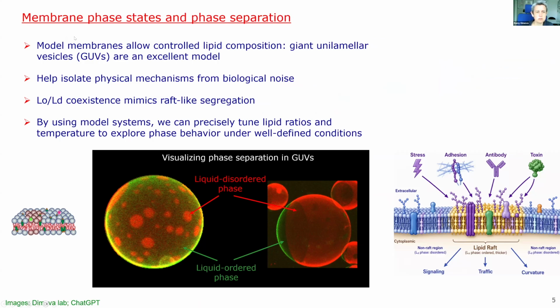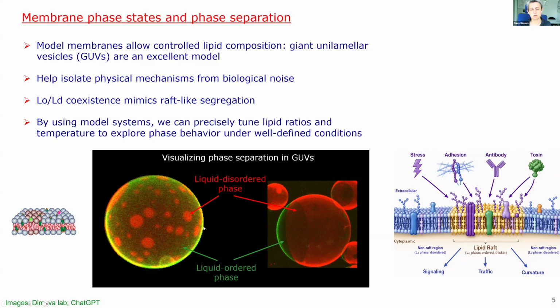But the way you can visualize these phase separation processes in a very convenient way is by using an excellent membrane model, which are giant vesicles. Images of these are shown here. Why is it important to study model membranes? It's because we can isolate physical principles from biological noise, where in biology we have all sorts of active processes taking part, or multi-component systems.